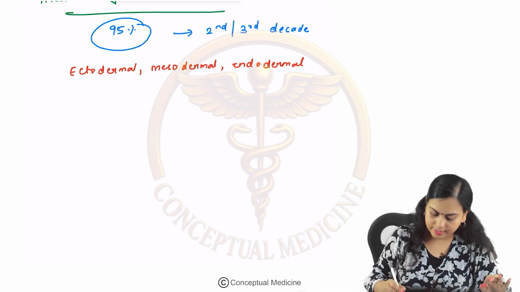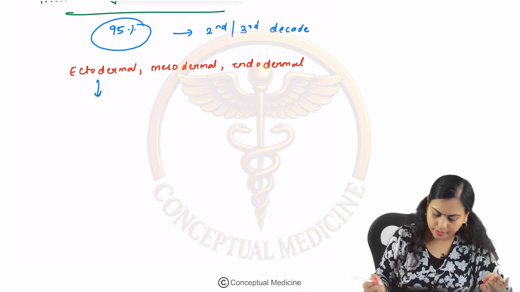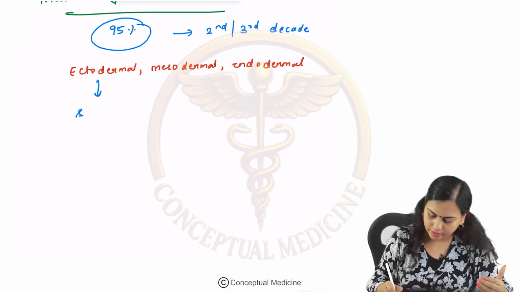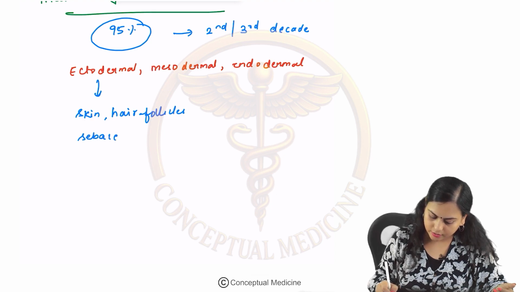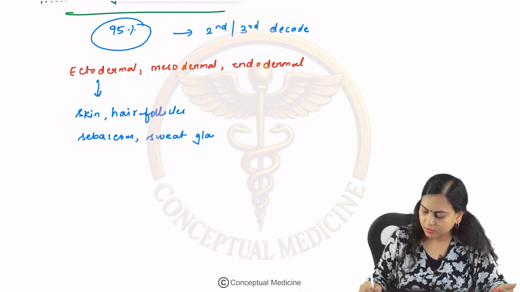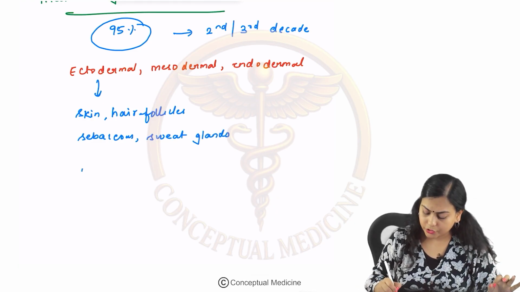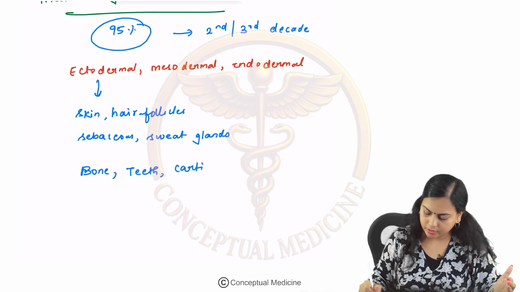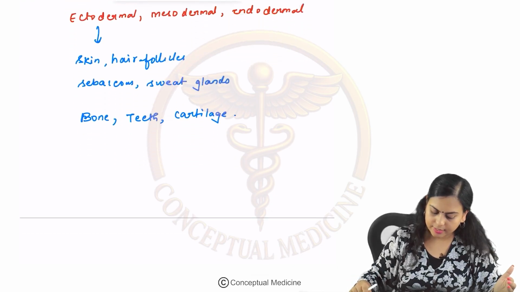For example, the ectodermal components most commonly seen are skin and hair follicles, then sebaceous or sweat glands. Well-matured bone as well as teeth and cartilage can also be seen.